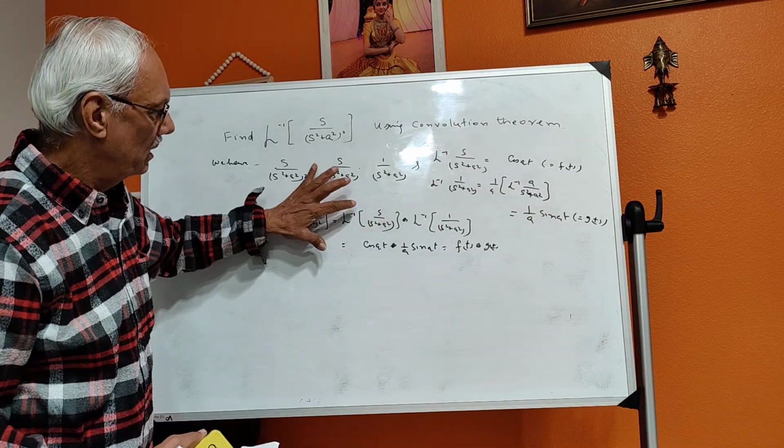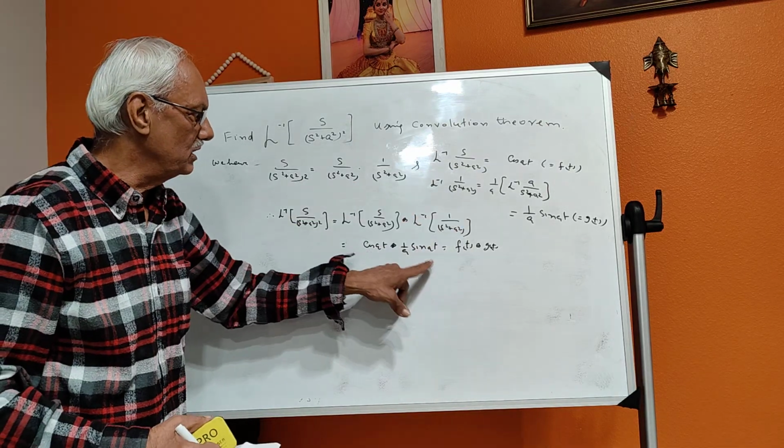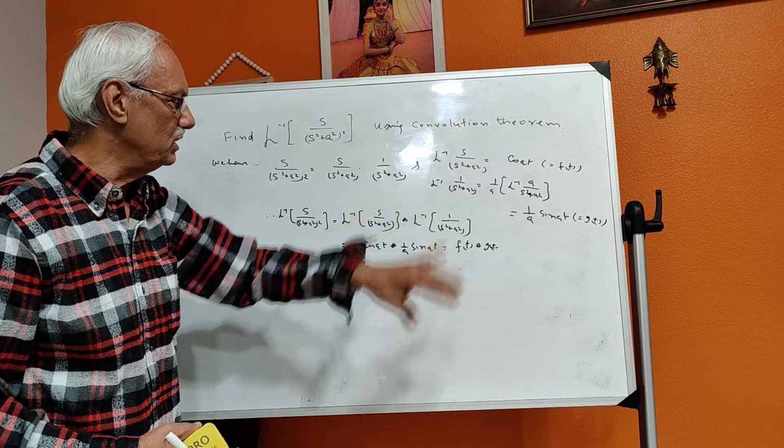The inverse Laplace transform of the first is cos at, and of the second is 1 by a into sine at. Therefore you get f of t convolution g of t.